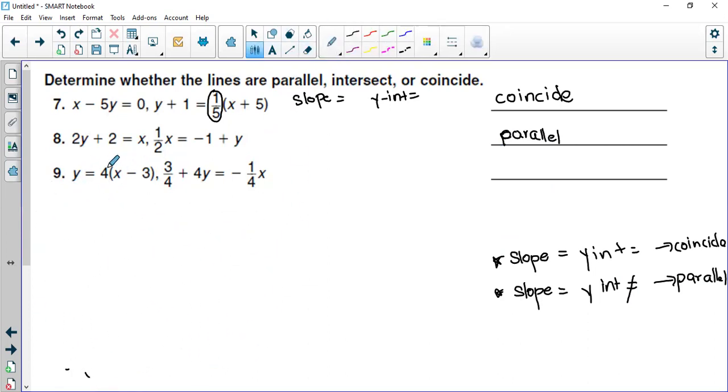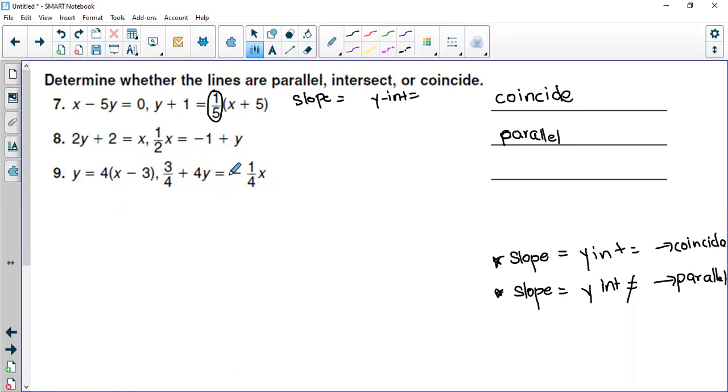Now check this out here. Now this is in the point slope form. Is it y is equal to mx plus b? And this is in the point slope form, and this is in the slope intercept form. Don't worry, even I still get confused between these two words. So let's find the slope from here.